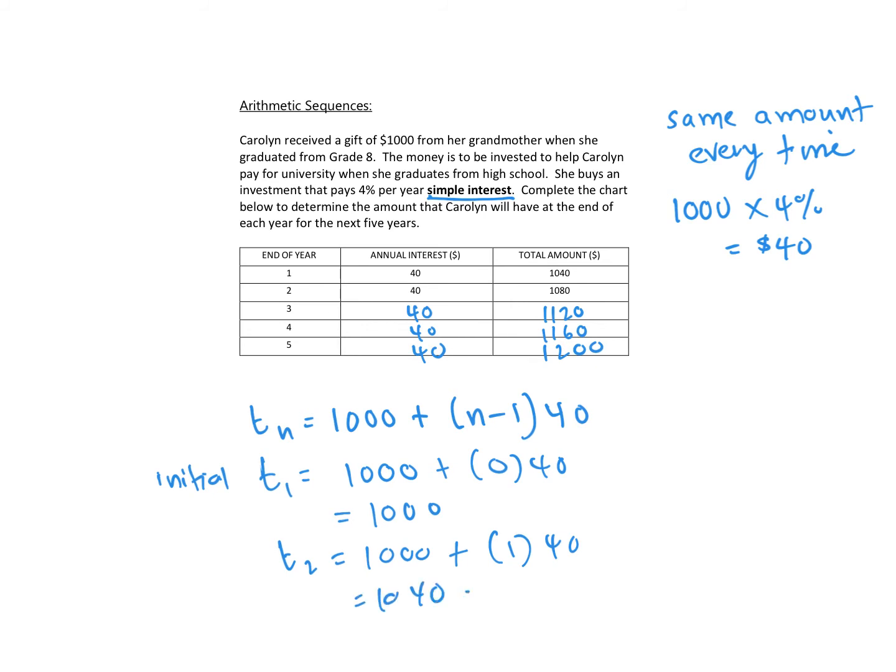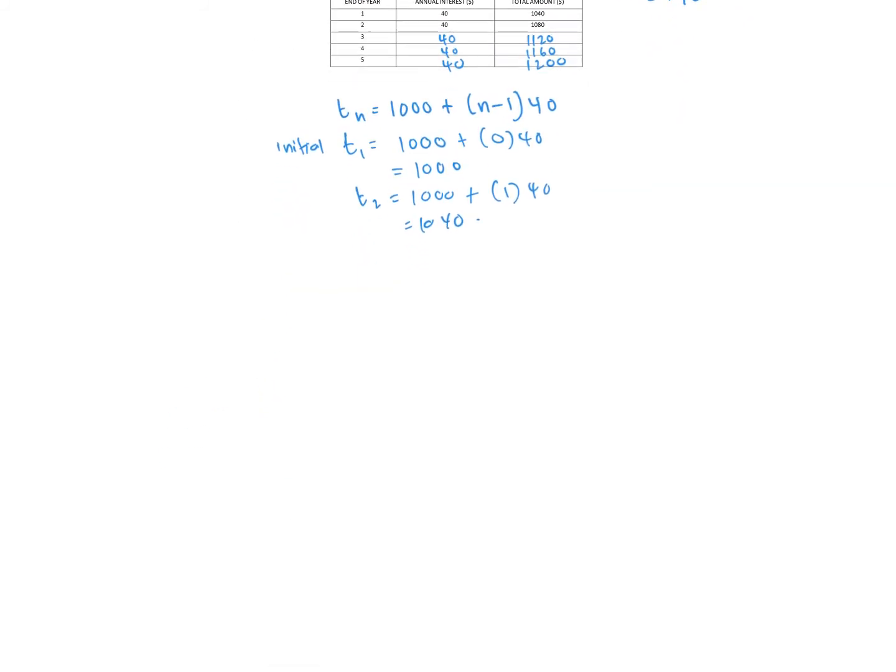So in the table here, year 0 would be the beginning. That would be your $1,000. After year 1, it's 1,040 and so on. So we can make a general formula. We started with an initial amount and then we added the common difference, n minus 1 times, because we have to take into consideration that first amount. This is your initial amount.